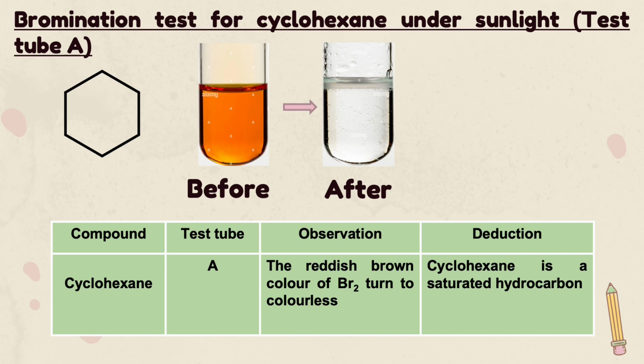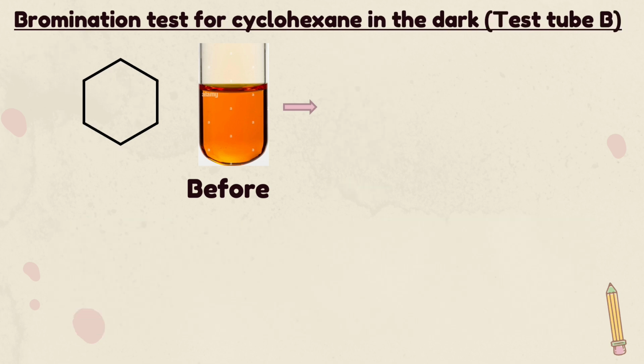Okay, now let's proceed to test tube B. Test tube B also has cyclohexane, but the difference is that I cap test tube B in the dark. We can expect that, as we already know, if a saturated hydrocarbon undergoes bromination and we cap it in the dark, no reaction will happen.